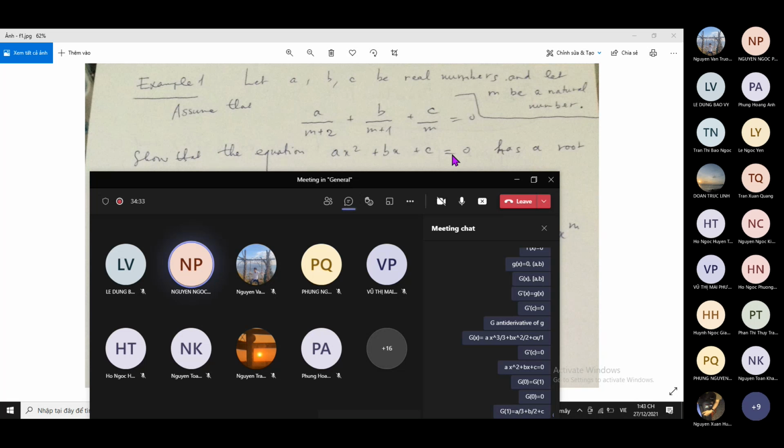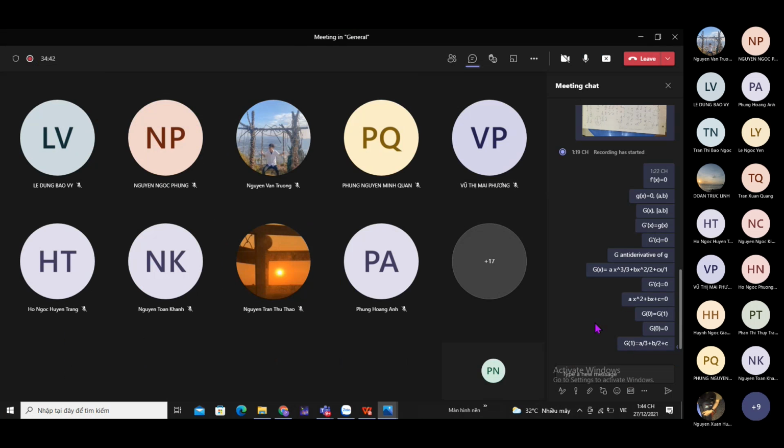Yes. Okay. And now, what is g of 1? When you replace, I wrote it out already in the chat box. You see here, A over 3 plus B over 2 plus C. Whether we have got A over 3 plus B over 2 plus C equals 0?